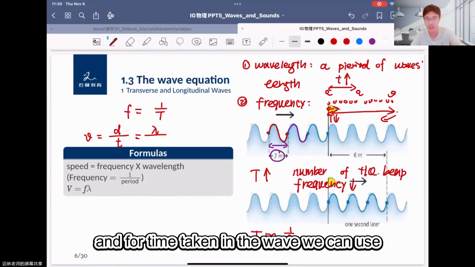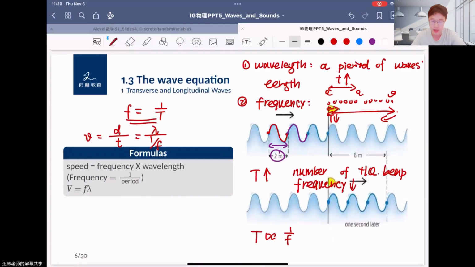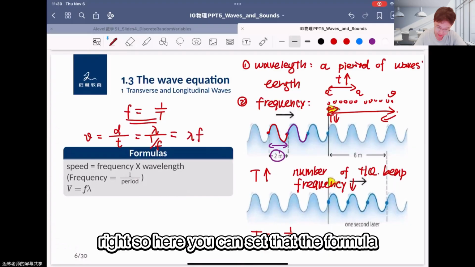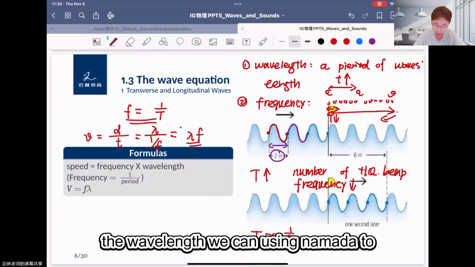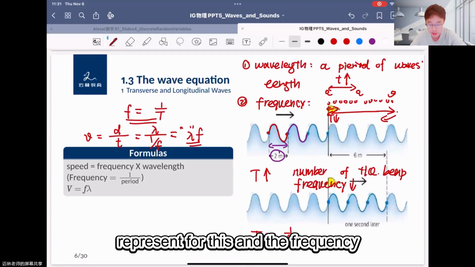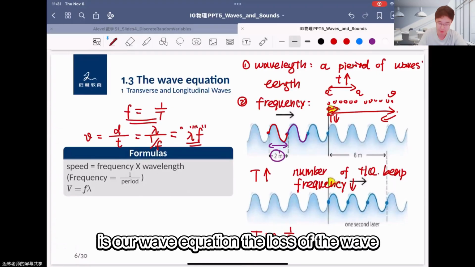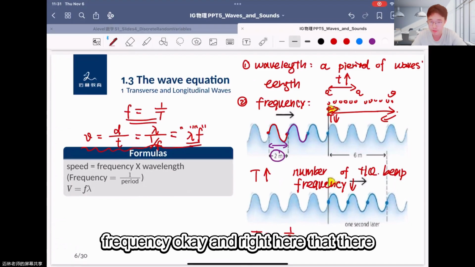And for time taken in the wave, we can use 1 over f to represent it, because the frequency equals 1 over time taken, right? So the formula finally becomes: we use lambda to represent the wavelength, and f to represent the frequency. So this is our wave equation: velocity of the wave equals wavelength times frequency, okay?